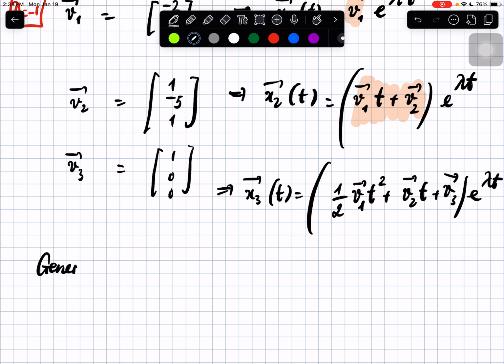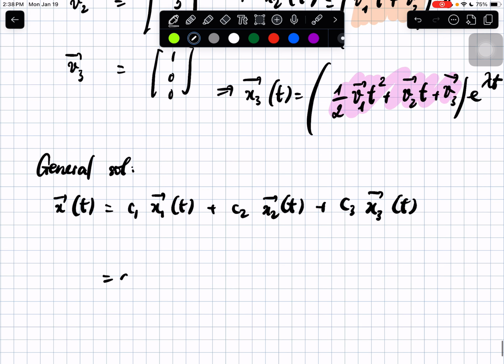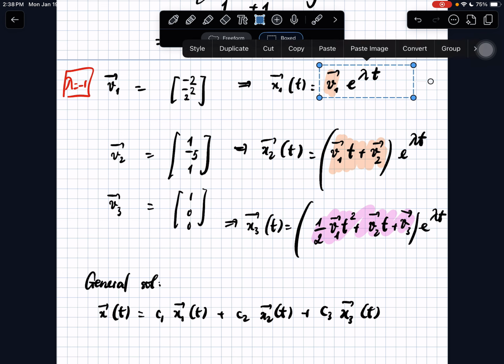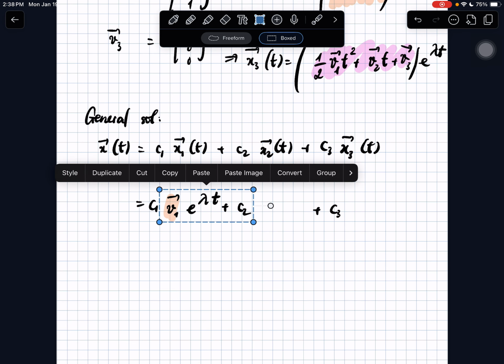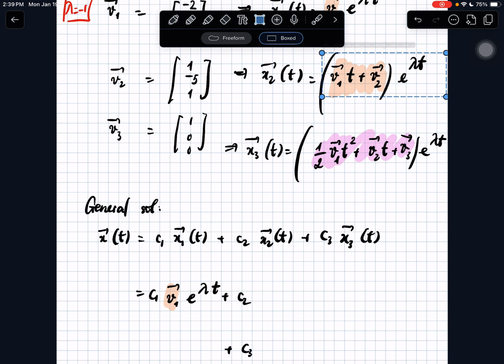The general solution. So again, if we have this, we get x(t) equals c1 x1 plus c2 x2 plus c3 x3, and you replace x1 to x3 by the ones we got here: v1 e^(lambda t), x2, and x3.